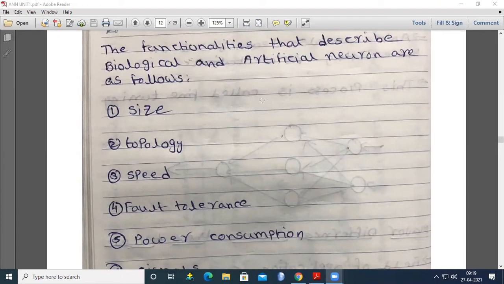In the brain, more than 10 million neurons are there, connected with 10 power 9 interconnections. Coming to topology, that is also very different. Sorry, 10 power 9 trillion interconnections are there in the mind.